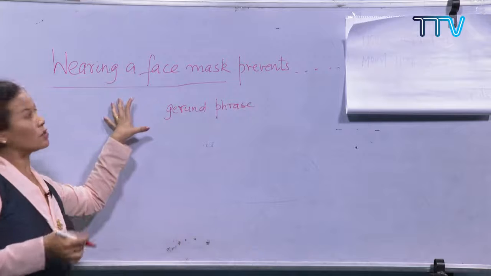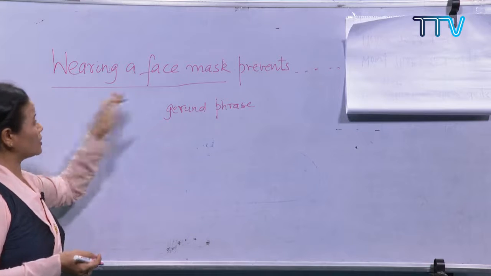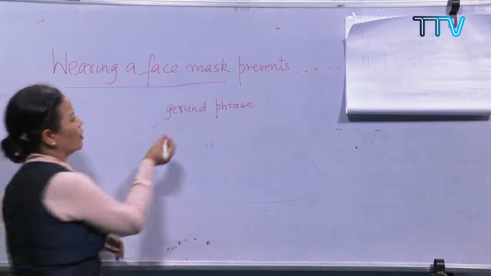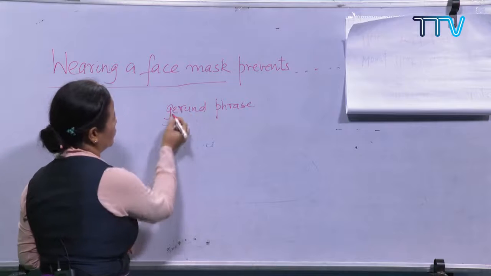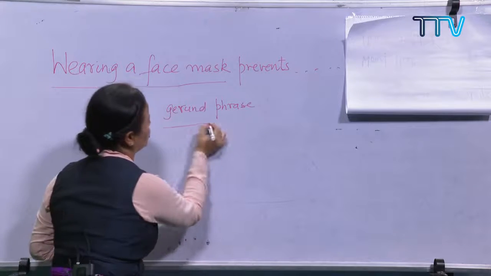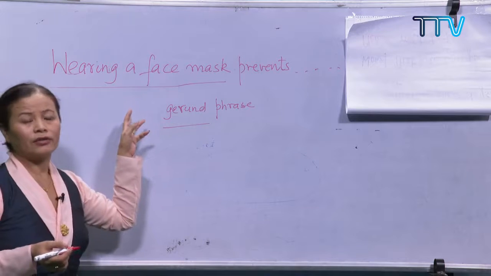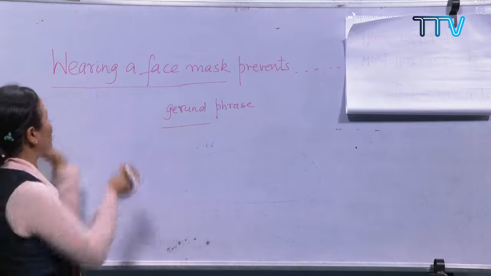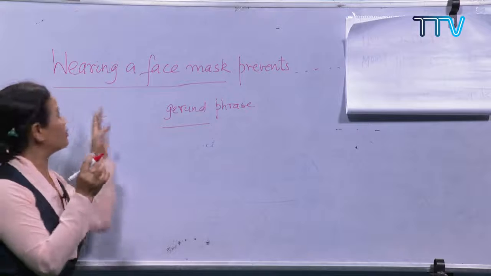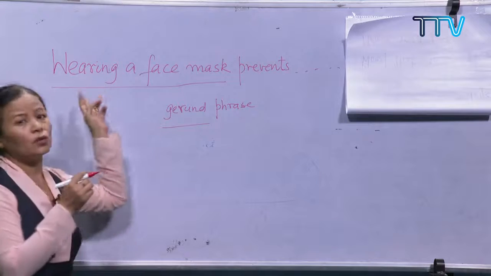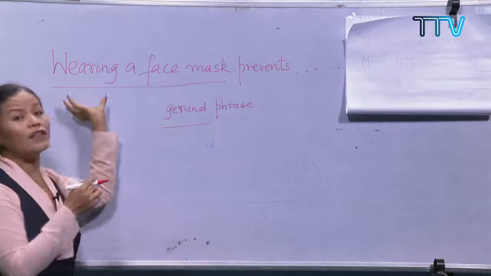So here I just want to highlight this because yesterday there was a question asked by one of the viewers about gerund. So wearing here is a gerund, right? Because you might feel like this, it looks like a verb, right? But this is a verb that is functioning like a noun.